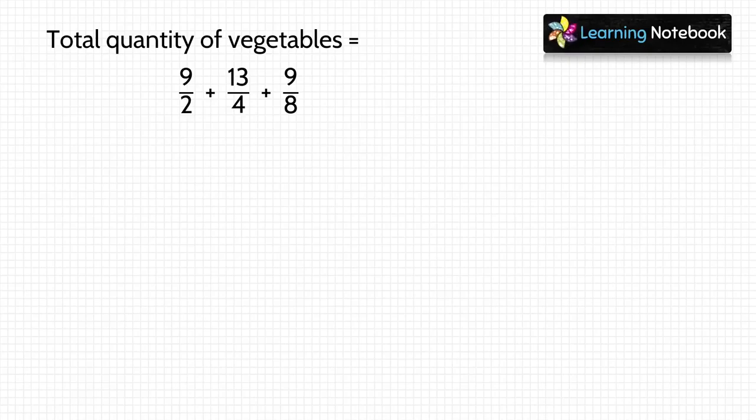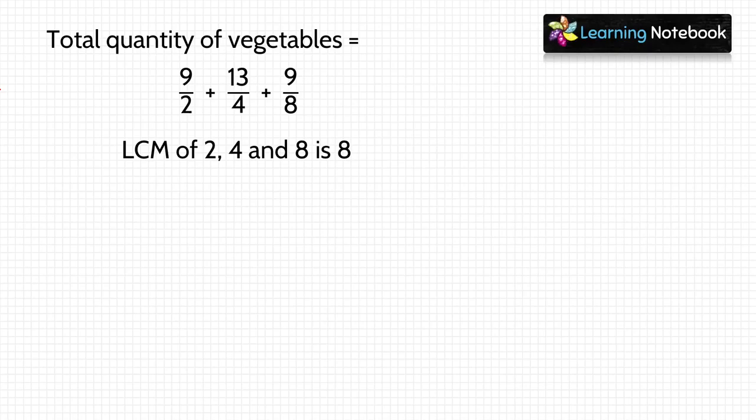Now students, as you can see, these are unlike fractions. And as I told you previously, to add unlike fractions, first we have to convert them into like fractions. So let's find the LCM of their denominators. LCM of 2, 4 and 8 is 8.